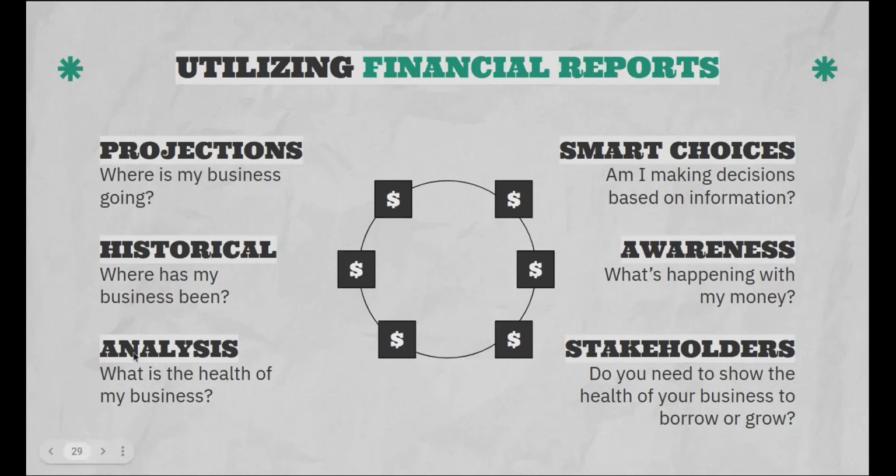Of course, you've got analysis. People use financial reports to understand the health of their business. There will be accountants that use things like ratios. We'll get into that a little further on, but you might want to use your current ratio, right, where you compare your current assets to your current liabilities.